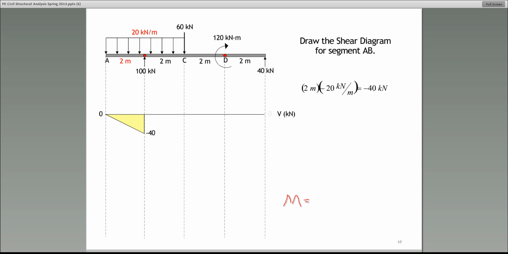Moment is equal to the integral of shear with respect to dx. Okay? So in order to get the moment diagram, we need to integrate the shear diagram. All right?